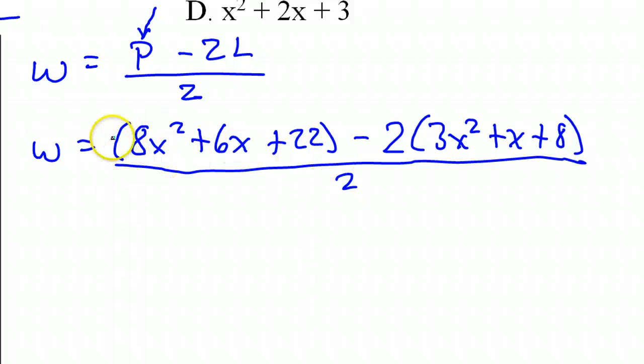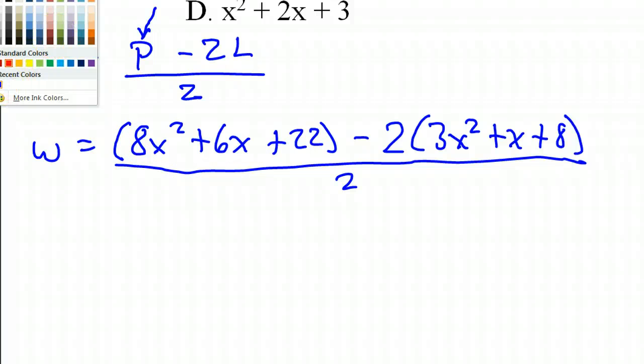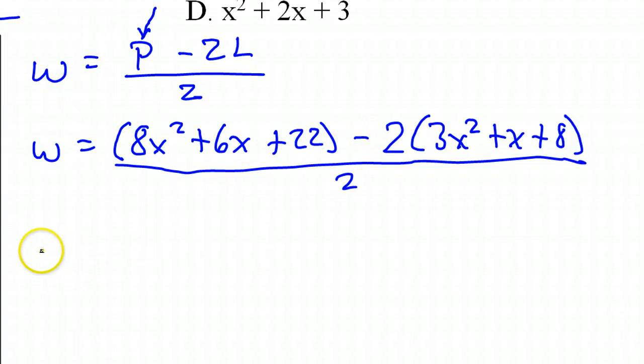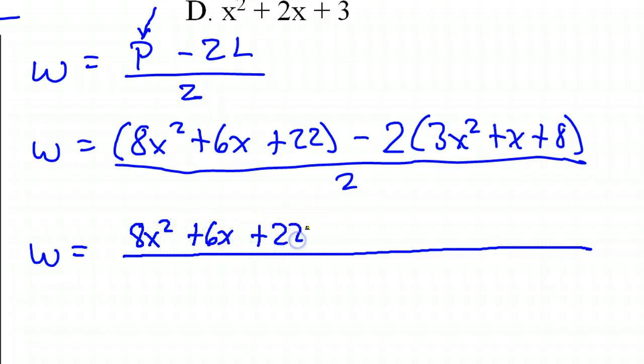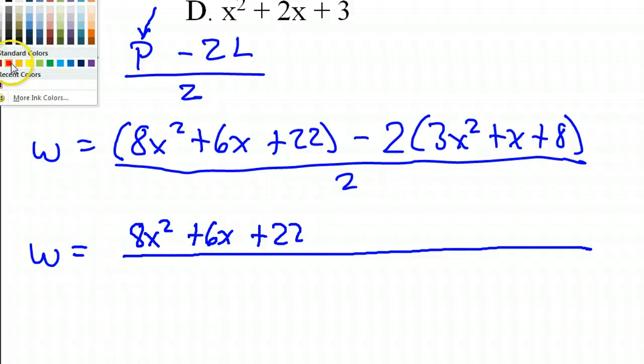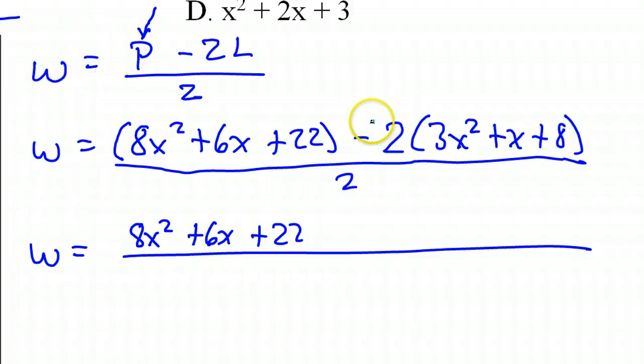Now this first part, because it's positive, there's nothing in front of these parentheses, I can really just erase these parentheses. So in the numerator here, at first I'm going to have 8x squared plus 6x plus 22. Now let me switch to red, because this part I'm going to have to take this negative 2, mind you, negative 2, and distribute that.